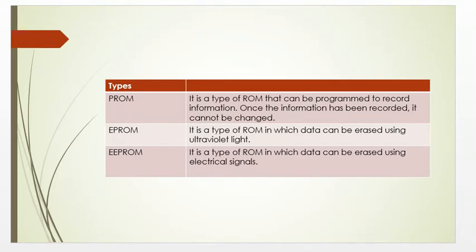There are different types of ROM. First one is PROM. PROM stands for Programmable Read-Only Memory. It is a type of ROM that can be programmed to record information. Once the information has been recorded, it cannot be changed. That was the first type of ROM that we used in the past.